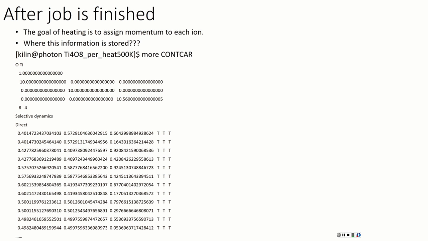Like here we count 8 plus 4, 12 records. 1, 2, 3, 4, 5, 6, 7, 8, 9, 10, 12. So up to here, those are positions, X, Y, and Z. And where are the momenta? It would be probably below. Exactly. So there is another segment for momenta. Make sense? Okay, so that's position, and then as Dimitri said, below that is the momentum.